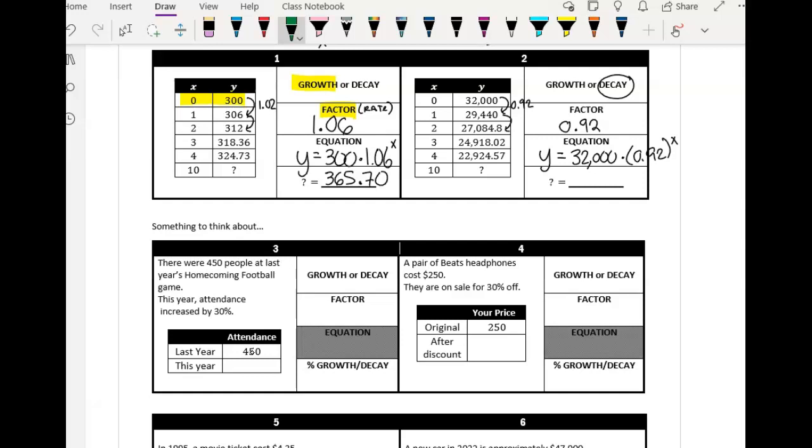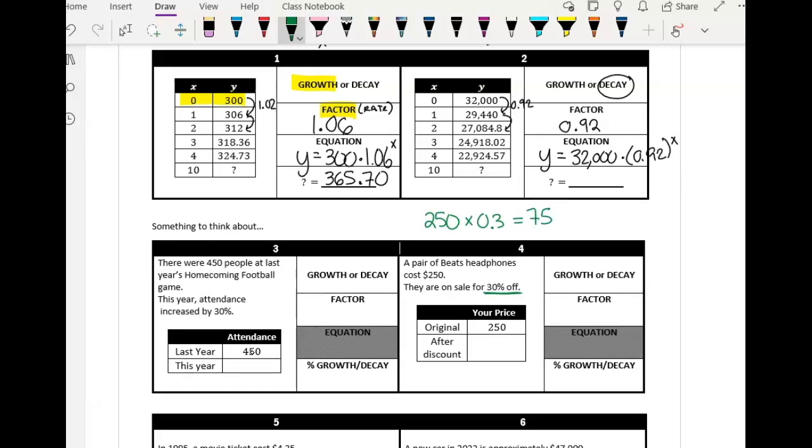Well, I have a couple of different options, right? If it's 30% off, I could say, well, 250, and I could multiply it by 30% or 0.3, right? And when I do that, 250 times 0.3, that is not the price that I'm paying for the headphones.